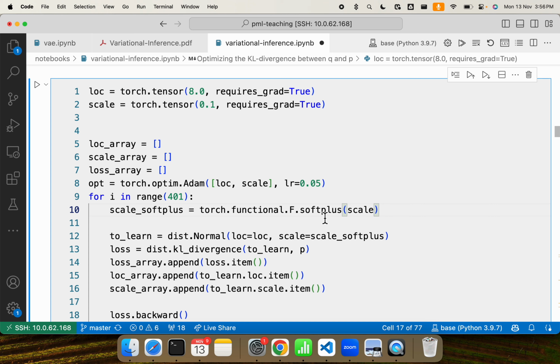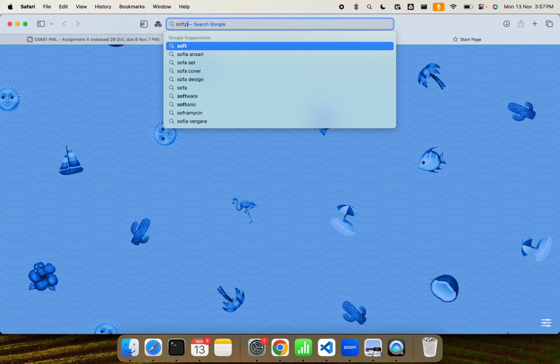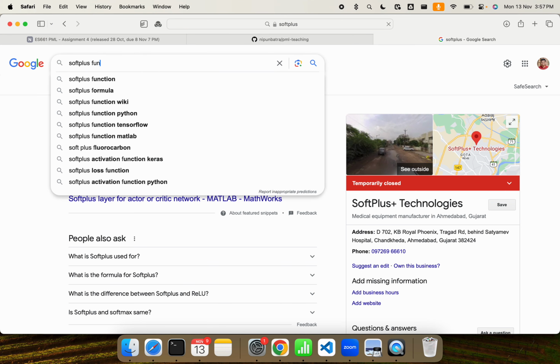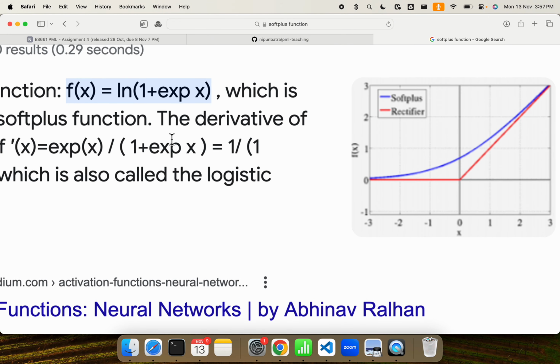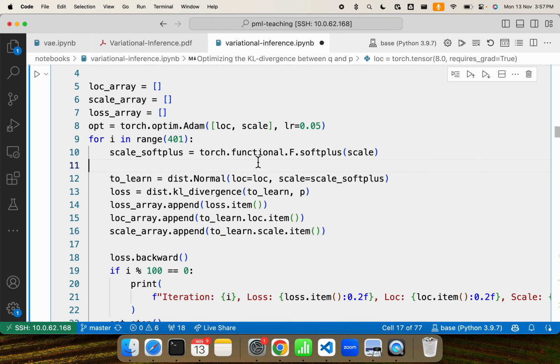So this softplus function would be similar to an exponentiation function, which will make it non-negative. You can look at the definition also. It's log of 1 plus e to the power x. I could have also done just exponentiation of scale, but I've here chosen this.